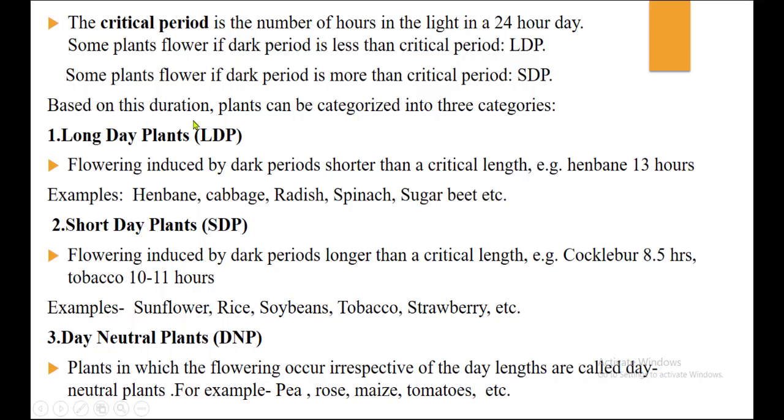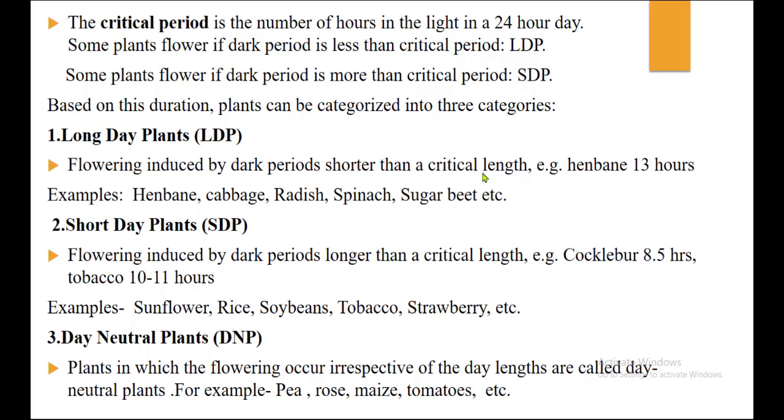See, based on this duration, plants can be categorized into three major categories. First is long day plants, LDP. Flowering induced by dark period shorter than a critical length. See, here you need to understand long day plants.